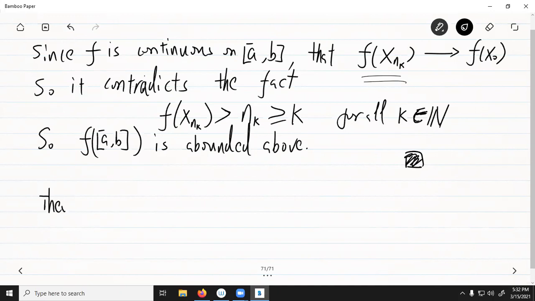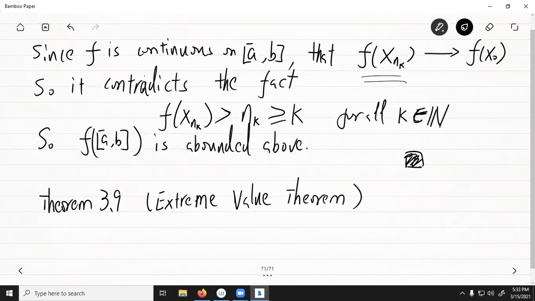So now let's look at theorem 3.9, which is called the extreme value theorem. The statement is quite easy, right?